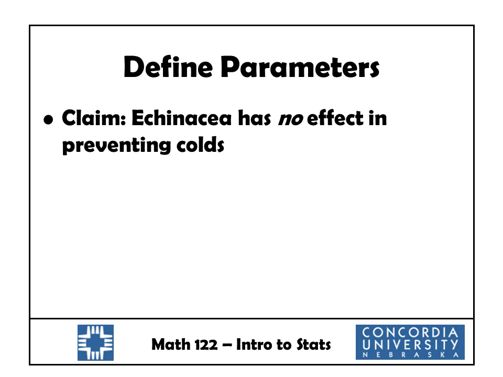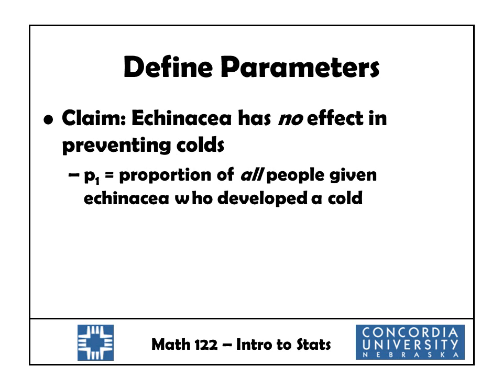So our next step is we need to define our parameters. Now we're going to have two parameters in this case because we are comparing two different population proportions. So the claim is that echinacea has no effect in preventing colds. Our first parameter, we'll call it P1, is the proportion of all people given echinacea who developed a cold.